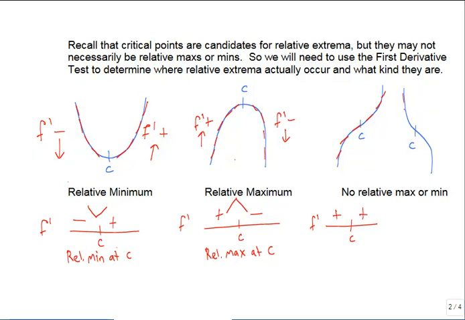Whereas on this example, all of these slopes are falling, so your derivative is constantly negative on the left and on the right. So if you get a number line where the signs do not change, either they're plus plus or minus minus, then you will not have any relative max or min at that particular critical number.